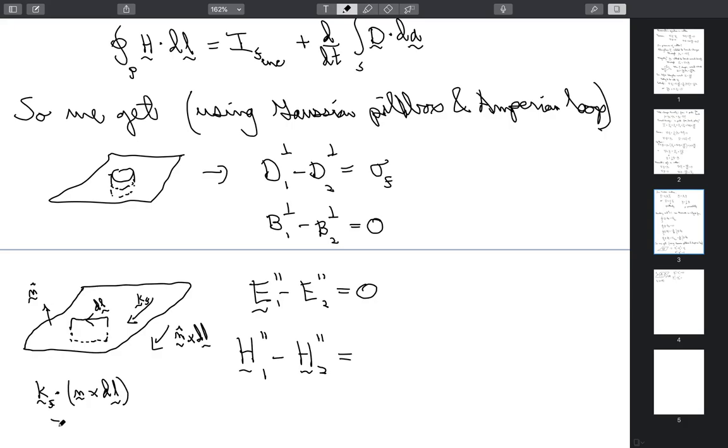But by a simple vector identity, you can just invert these operations. So this is really just Kf cross n hat dotted into dl. That means I can now take the integral of this, and I just get the contribution coming from the surface current. So this is really just Kf crossed into n hat.